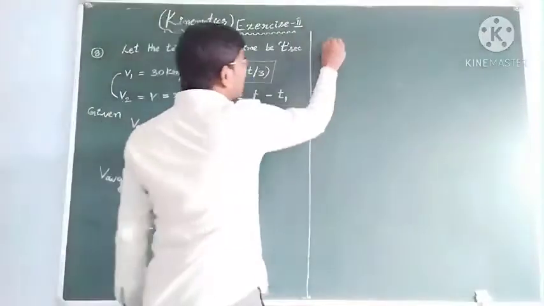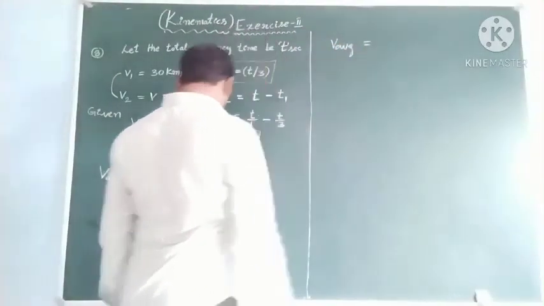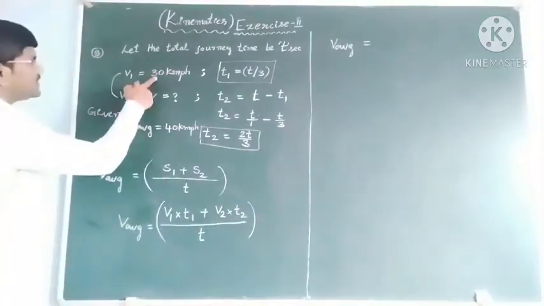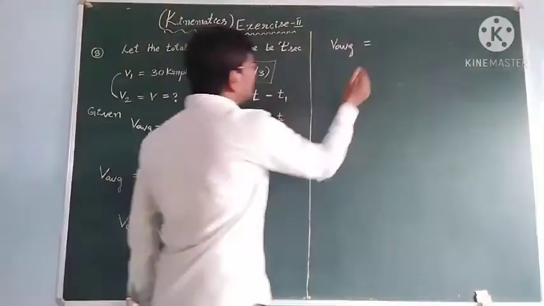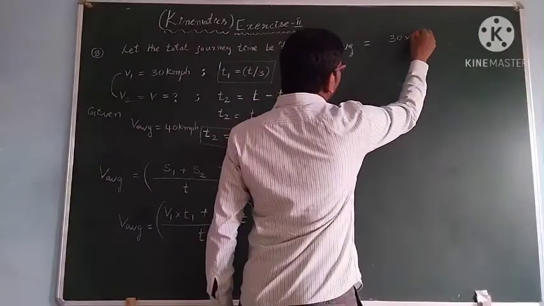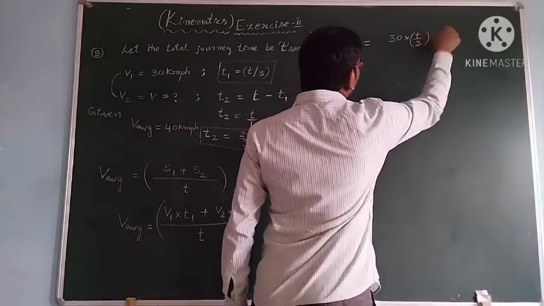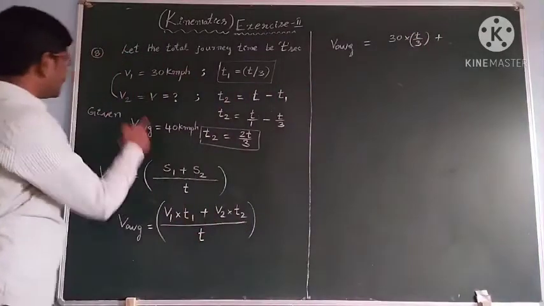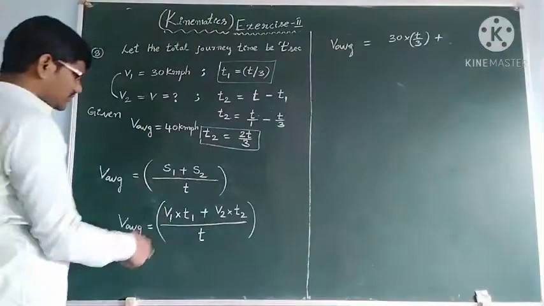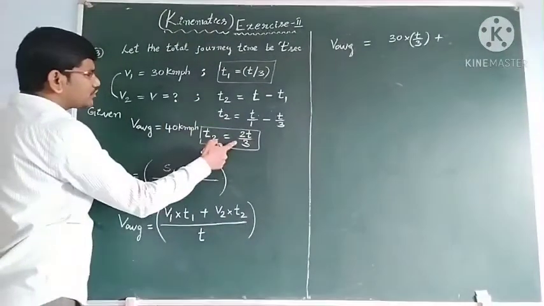Then V average is equal to V1 into T1. V1 is 30, T1 is T by 3. So 30 into T by 3, plus V2 into T2. V2 means V, which we have to find, and T2 is 2T by 3.